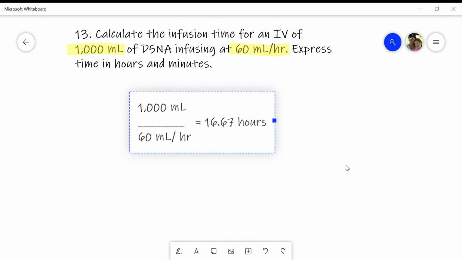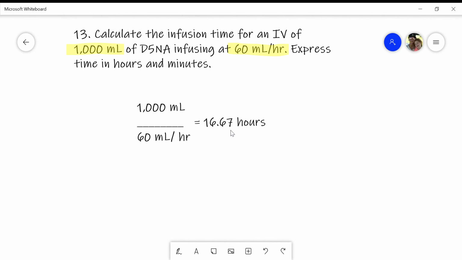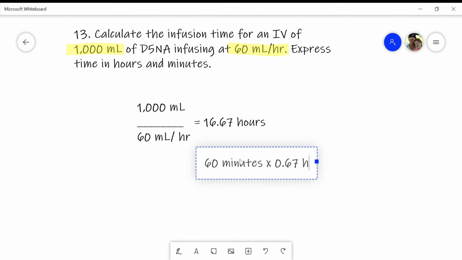And then to get the number of minutes, you can just multiply 60 minutes by 0.67 hours.